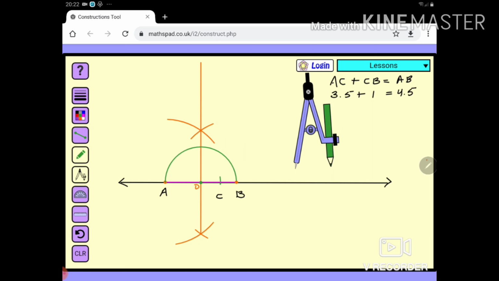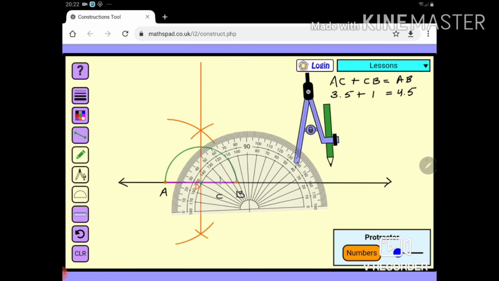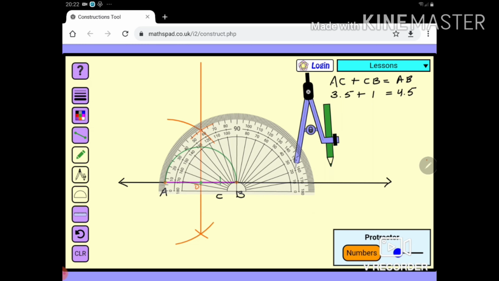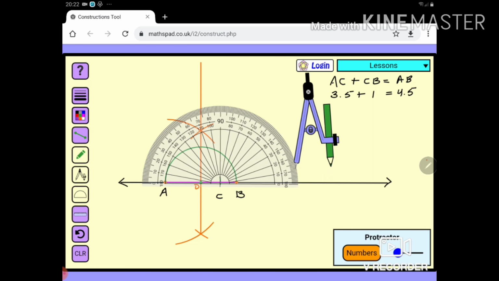After drawing the semicircle, the next step is to have a perpendicular at point C. For having a perpendicular at point C, we can either consider a protractor or we can construct a 90-degree angle using a compass.